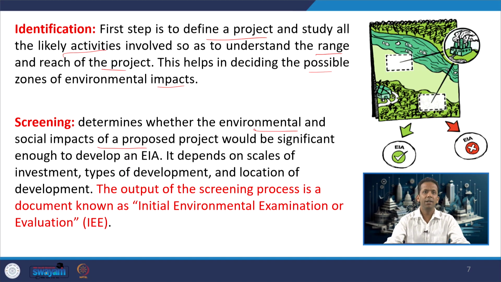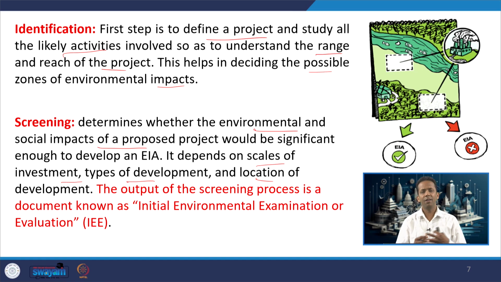So, it may not need an EIA and the process for EIA can be stopped at that point. And if it is found that it has significant impacts, that will need an EIA, and it will depend on the scale of investment, the type of development as well as the location of development.